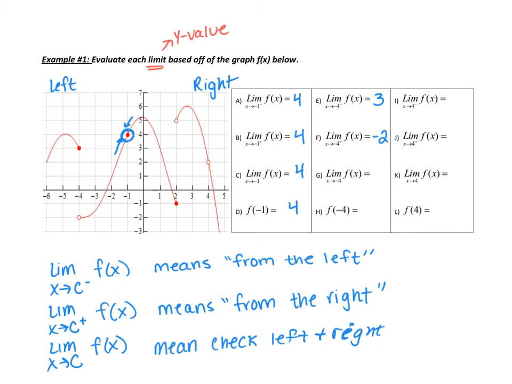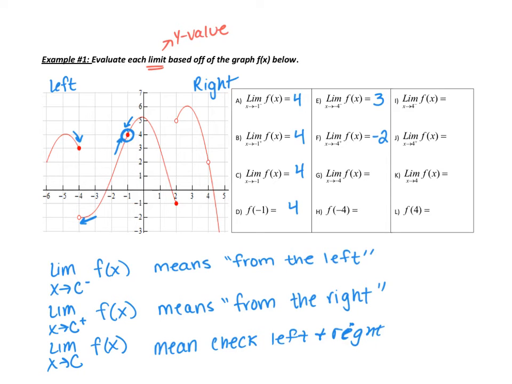So if you notice, the limit from the left is up here, and the limit from the right is down here. Are they at the exact same spot? No. One is 3 and one is -2. So when I'm asking for the whole limit as x approaches -4 without a plus or minus, you have to check the left and the right.